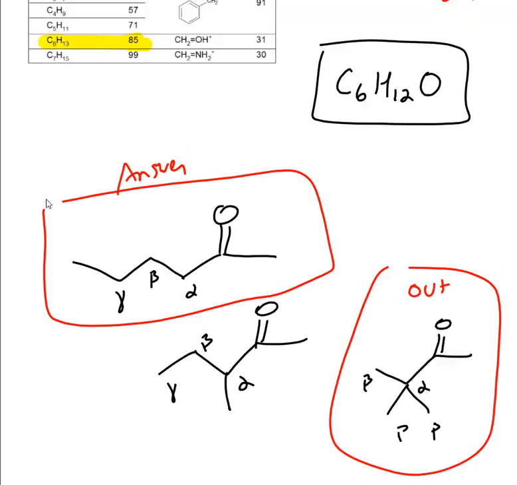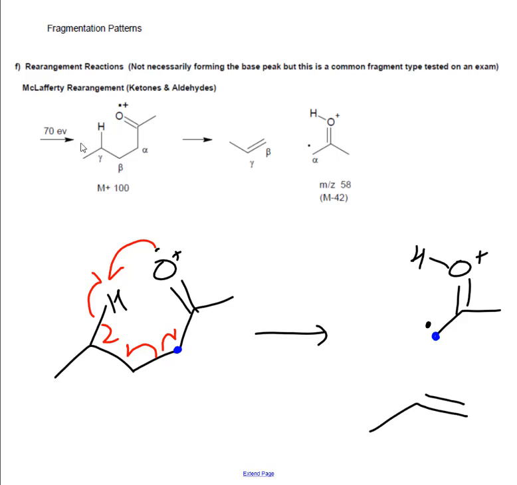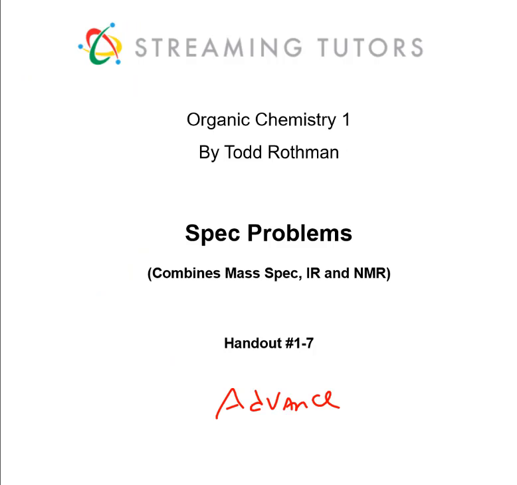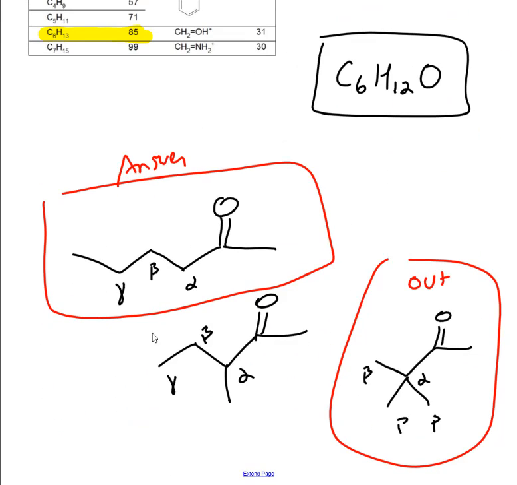The McLafferty, if we go back to the McLafferty from our review sheet, the McLafferty breaks. Look at my arrows. This becomes the radical, and then the rest of it breaks off. So we break between alpha and beta. But in our 2 leftover examples that we weren't sure which one it's from, if this broke here, then you'd have more than 58.